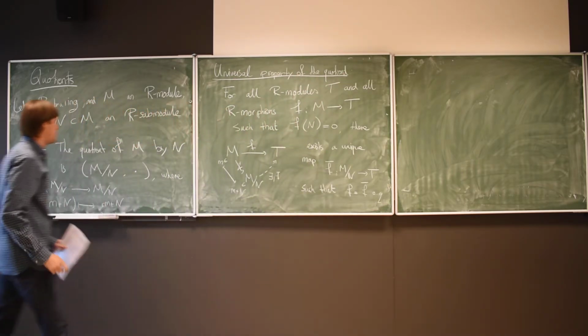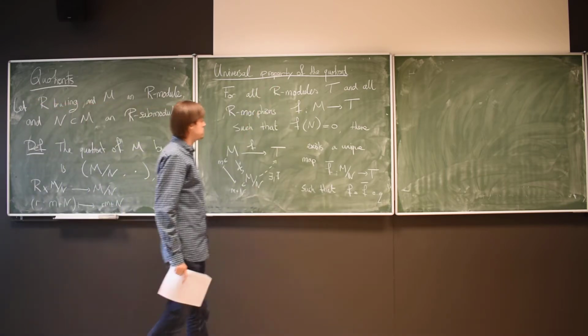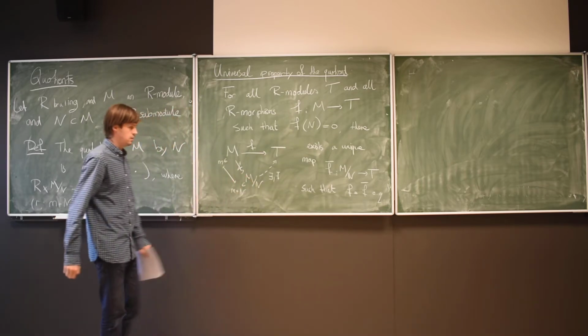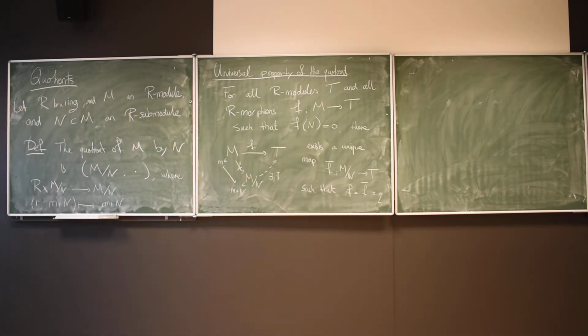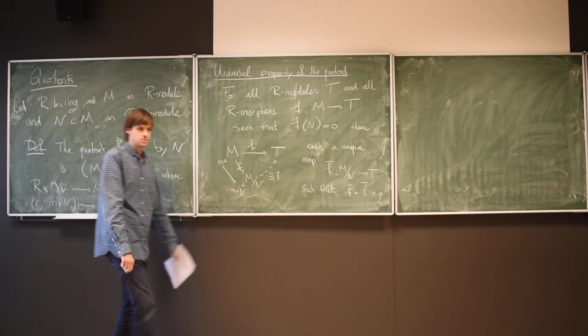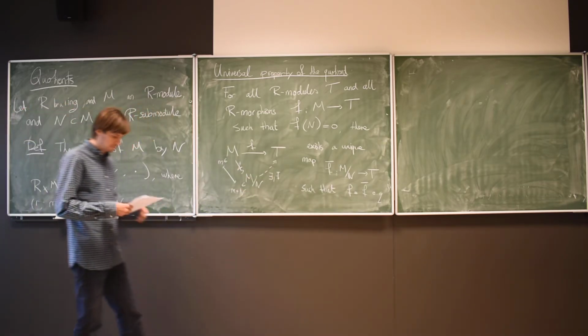So actually, this universal property is so strong that it characterizes M modulo N up to unique isomorphism. So what you could actually do, and some would argue that this is maybe actually better, is to take this just as a definition for what the quotient is, and push this construction more to the background, where you only use this construction to show that the quotients exist.